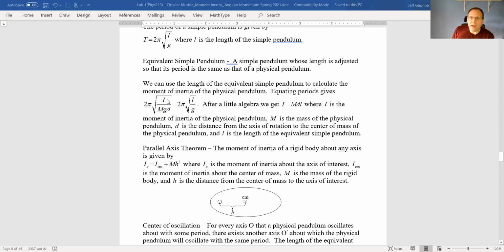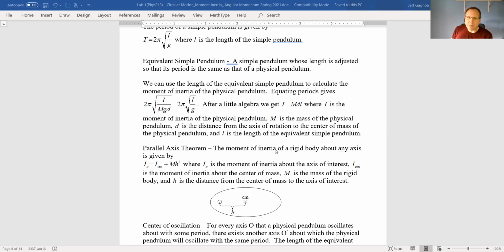You're going to solve for I, the moment of inertia, and you're going to find that I equals the mass of the physical pendulum times d, remember, the distance from the axis of rotation to the center of mass, times L, where L is the length of that equivalent simple pendulum. So it's just equal to mdL. Think of this I as being our experimental moment of inertia. This is how we're going to find the moment of inertia of that aluminum stick experimentally, by using mdL.